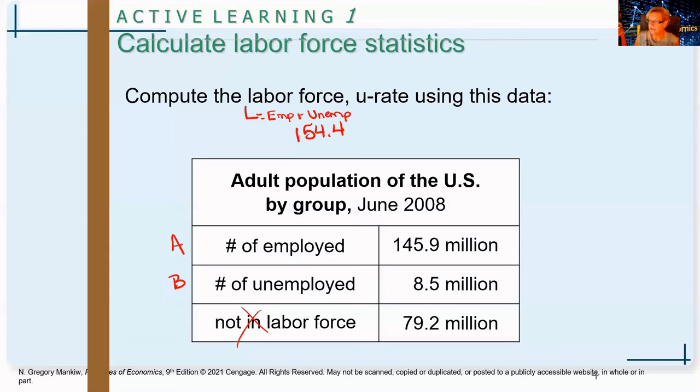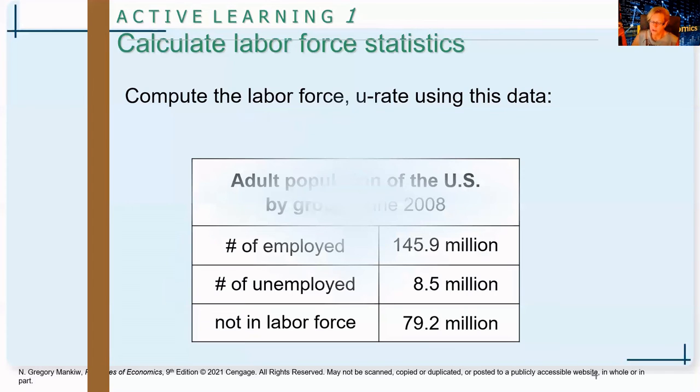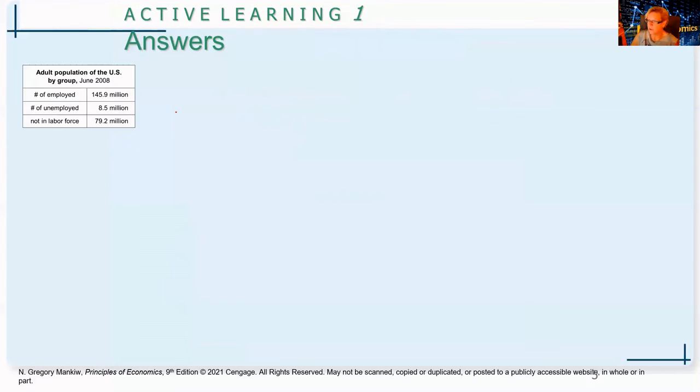Now we want to compute our unemployment rate, and I'm going to do that on the next slide just so I have a little bit more room. We said that the labor force, when we added the employed and unemployed together, was 154.4 million. To compute the unemployment rate, we use that formula on the preceding slides: the number of people unemployed divided by the labor force.